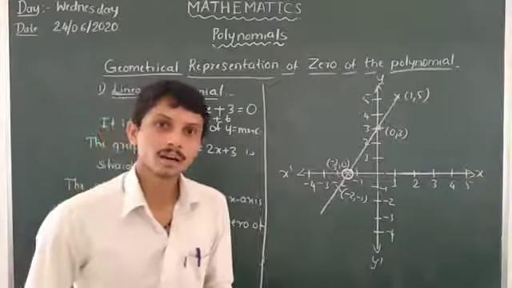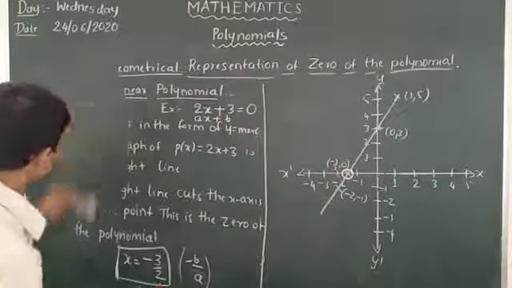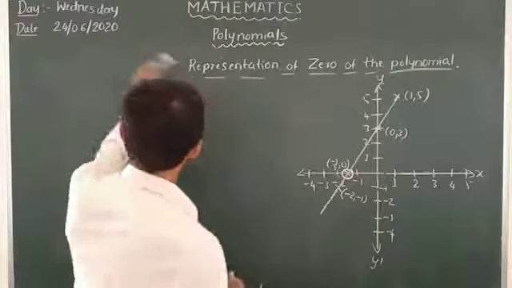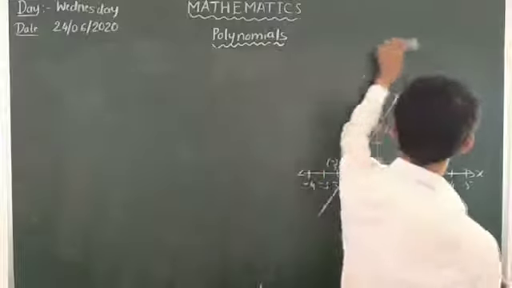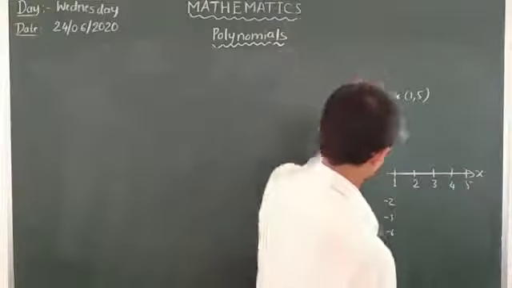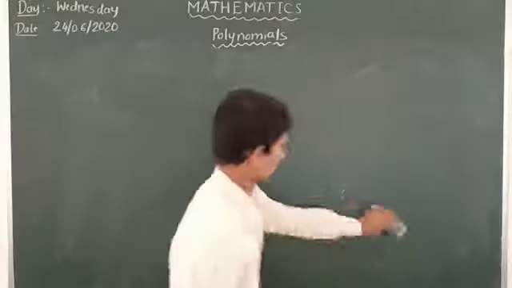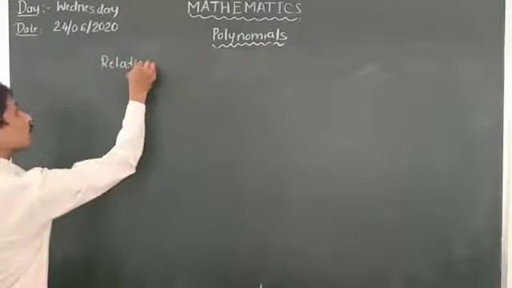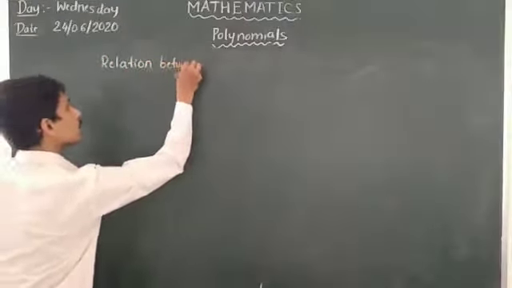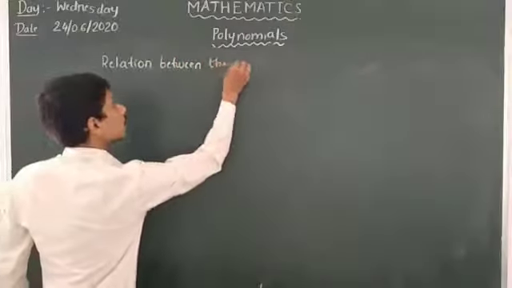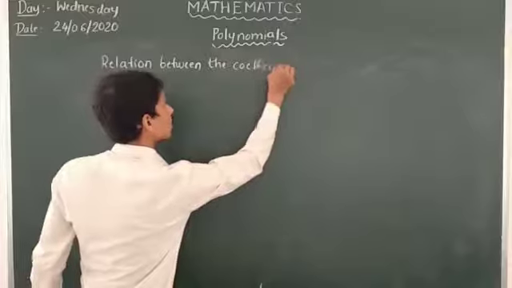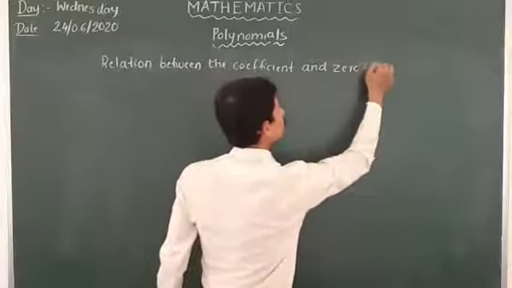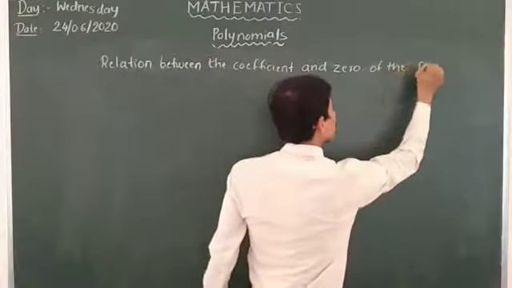So let us move on to the relation between the coefficient and 0 of the polynomial.